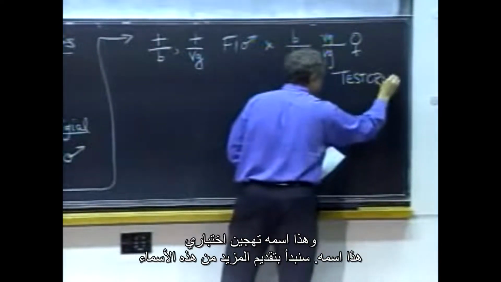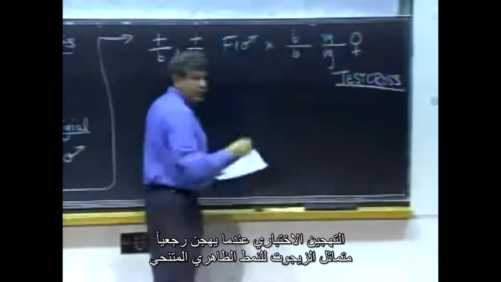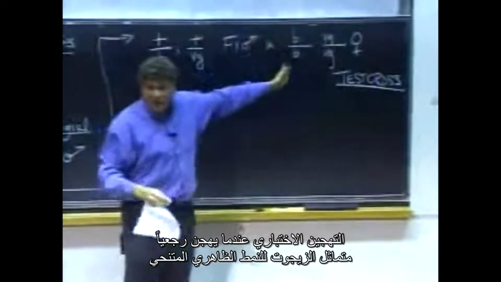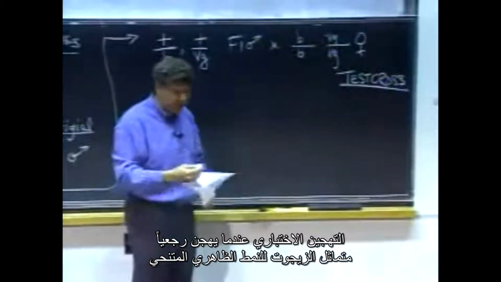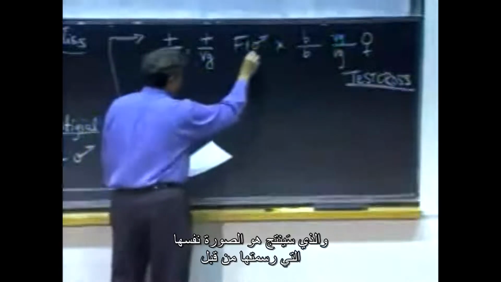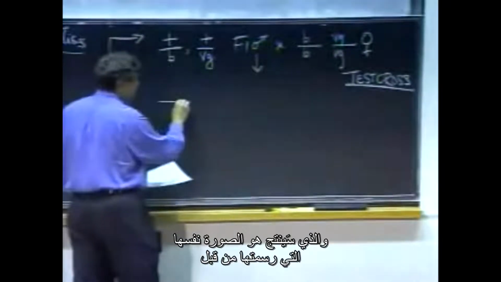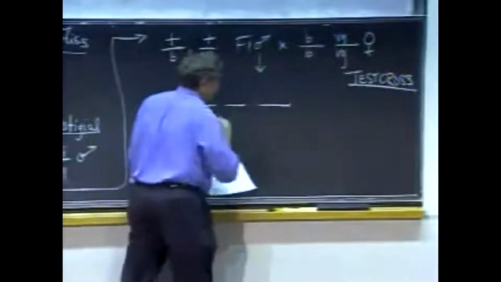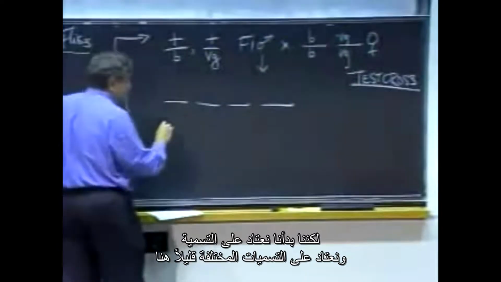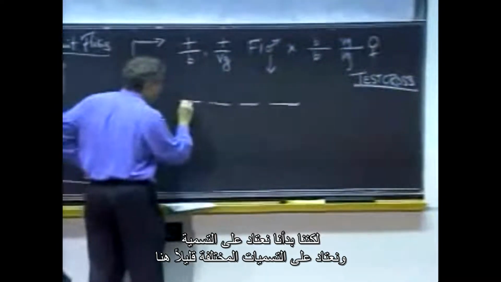That's now the name. We're beginning to introduce more of these names. A test cross is when you cross back to the homozygote for the recessive phenotype. And what he gets out, same exact picture I drew before, but we're just getting used to nomenclature and getting used to slightly different nomenclatures here.